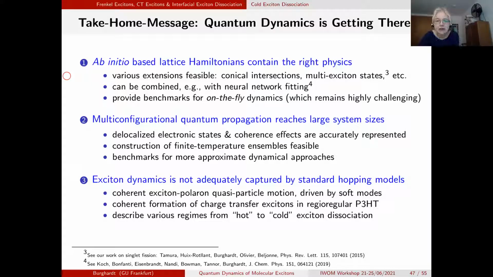Yes, actually, this multi-layer MCTDH is available in a public code. The version that is available, in contrast to our development versions where we do various other things, is actually from the Heidelberg group that originally developed the MCTDH method. I'm very happy to put the reference somewhere.